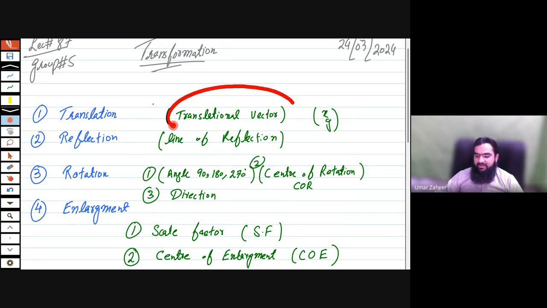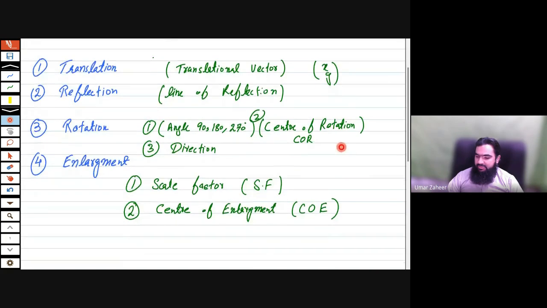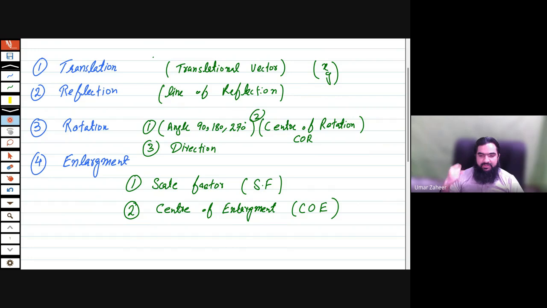You don't need to find a translation vector. There is no line of reflection there. That's why I write all the basics. If you have translation, you have to find the translation vector. If it is reflection, you need a line of reflection. If it is rotation, you need an angle, center of rotation, and direction. If it is enlargement, you need scale factor and center of enlargement.